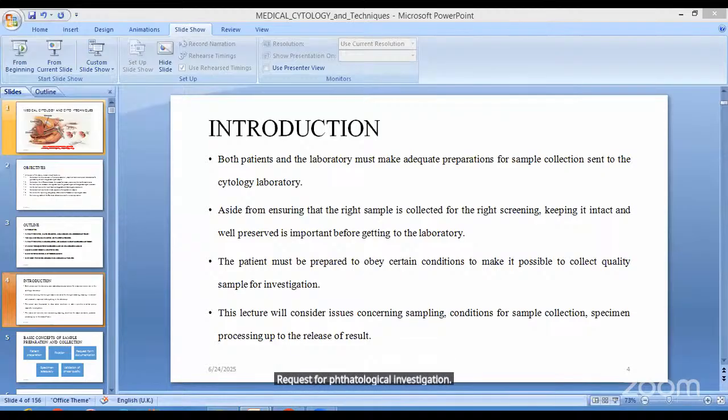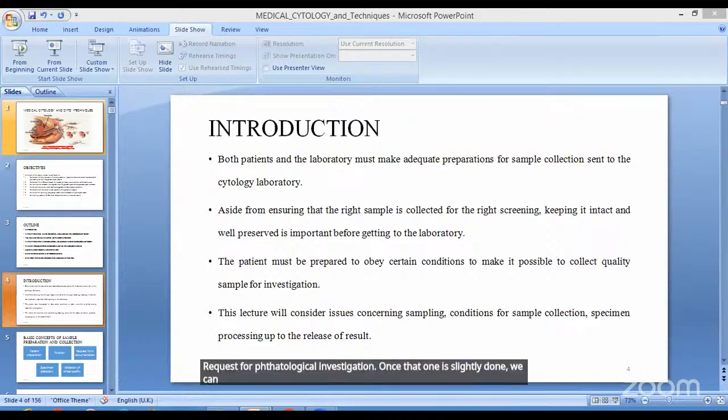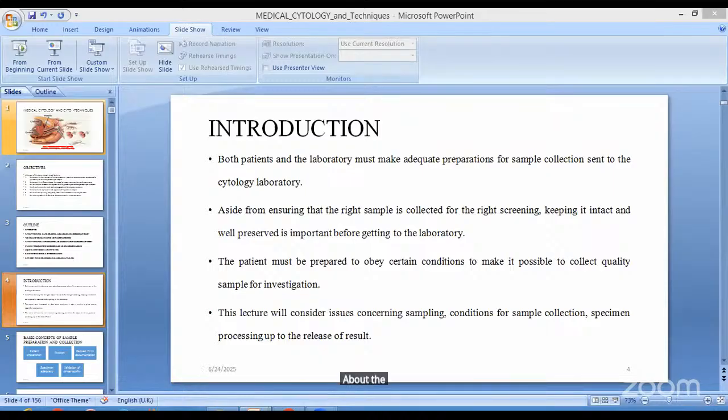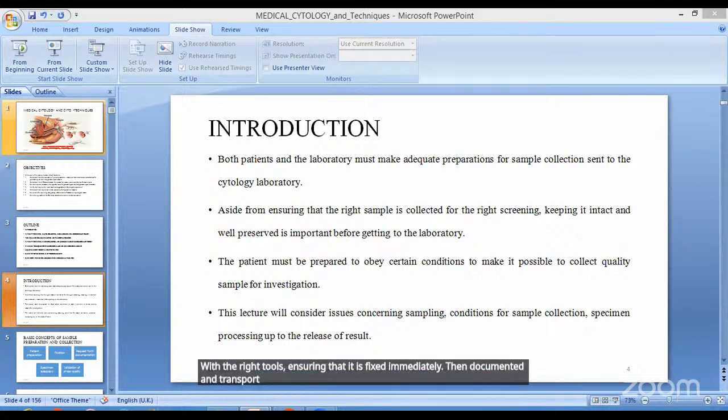Once that is rightly done, we can talk about the pre-analytic step: collecting the specimen with the right tools, ensuring that it is fixed immediately, then documented and transported to the laboratory.